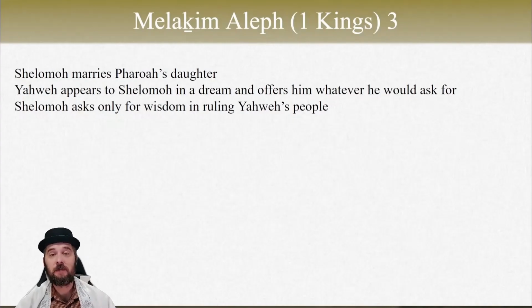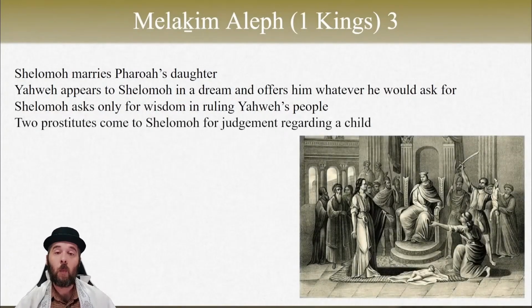And this wisdom that Shlomo was given really comes into play throughout his life. For the most part, he did make some mistakes that we'll get into here in a minute, some grievous mistakes. But Shlomo was well known for his wisdom. One instance of this is the famous story of the two prostitutes that come to Shlomo.